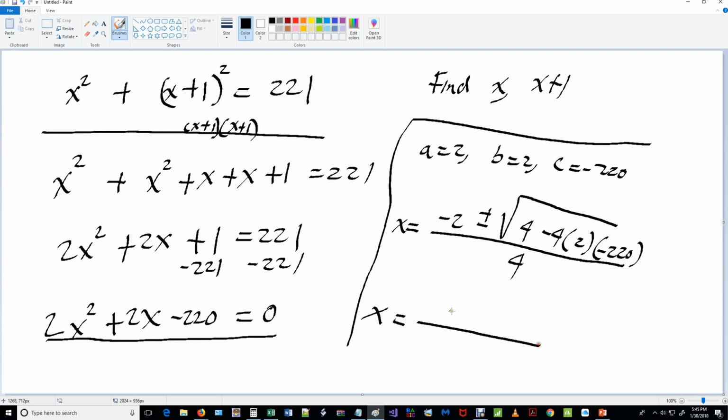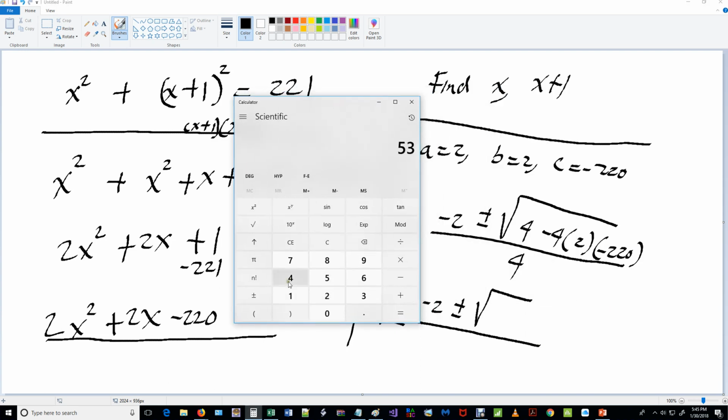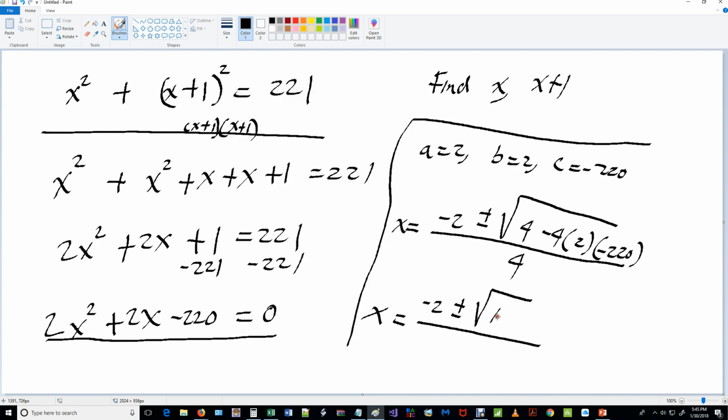x equals minus 2 plus or minus. Let's first find the thing inside of the radical, and the way I do it is this way. You type everything the way you see it inside the radical: 4 minus 4 times 2 times negative 220, so it's 220, change the sign, and you get 1,764, and you divide by 4.